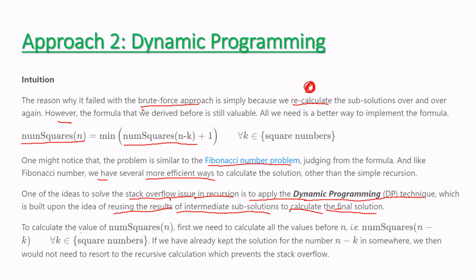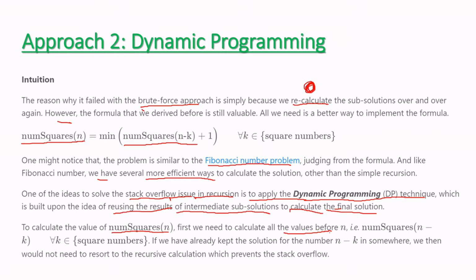To calculate the value of num squares for n, first we need to calculate all the values before n.